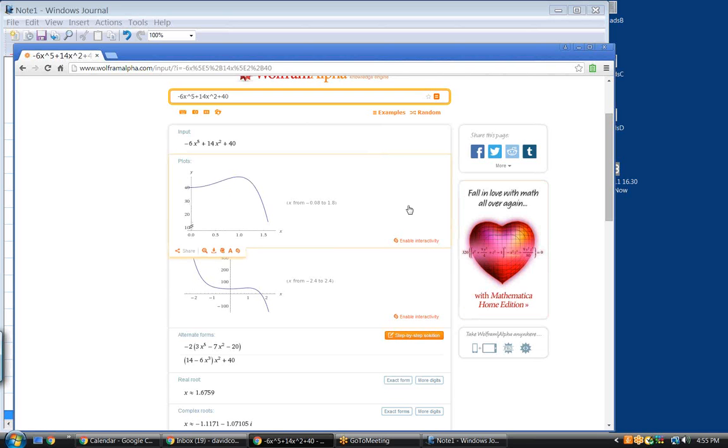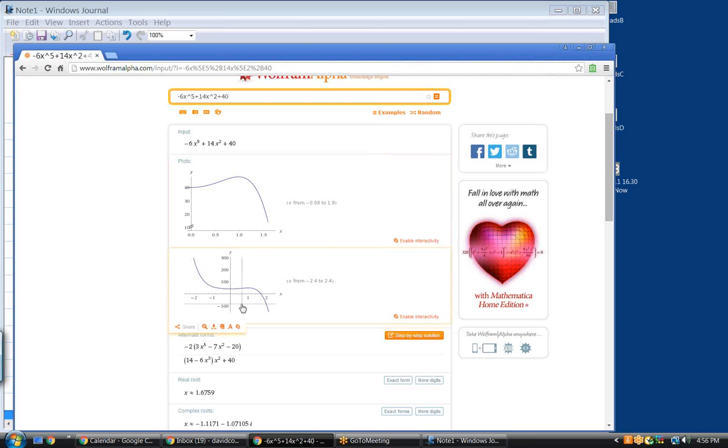What else did they ask about this function? Relative minimum and maximum. Over a certain interval or absolute? In other words, there's a difference when you talk about minimums and maximums. There's absolute minimum and absolute maximum, and then there's locally.